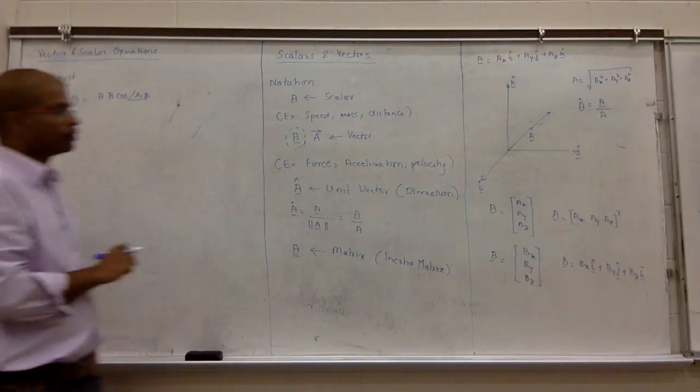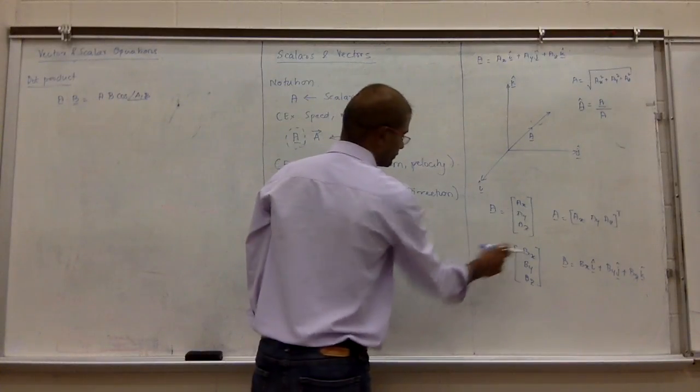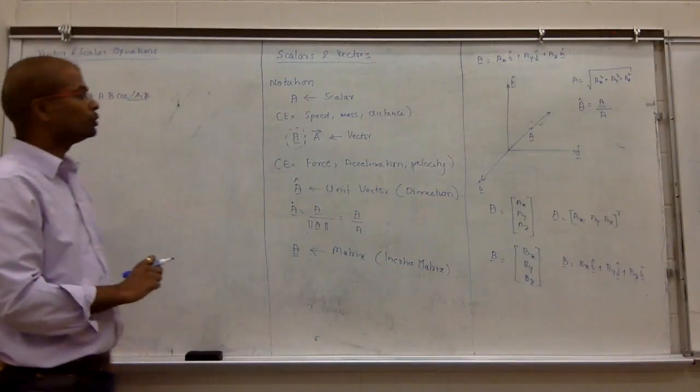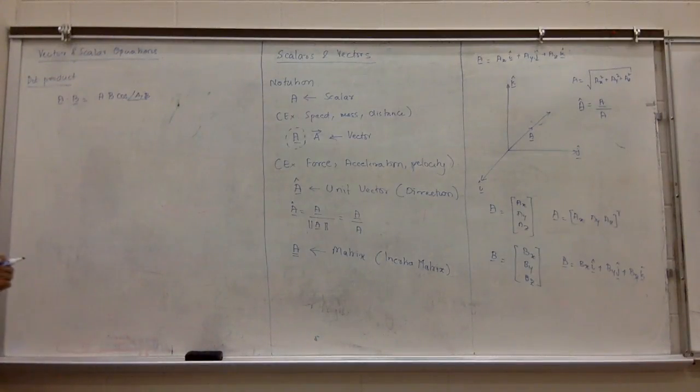Now keep in mind, this means dot, and this means multiplication. You have to be very careful. You cannot use a dot here to represent multiplication between scalars.